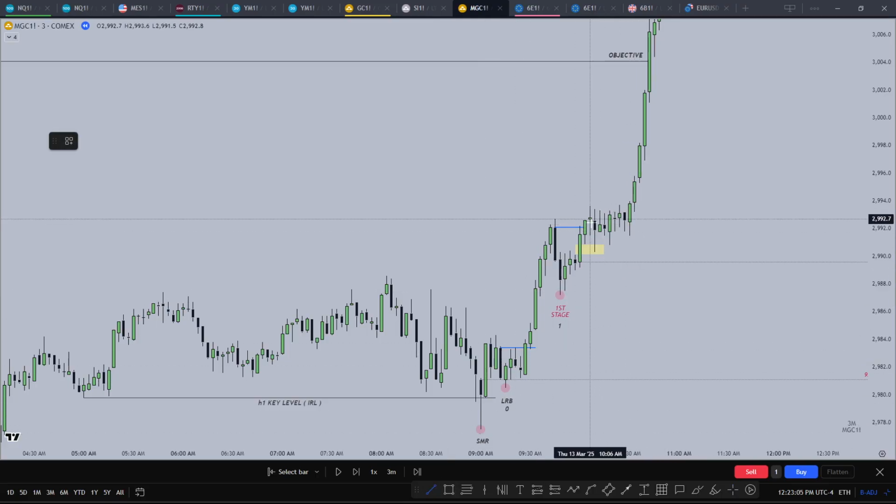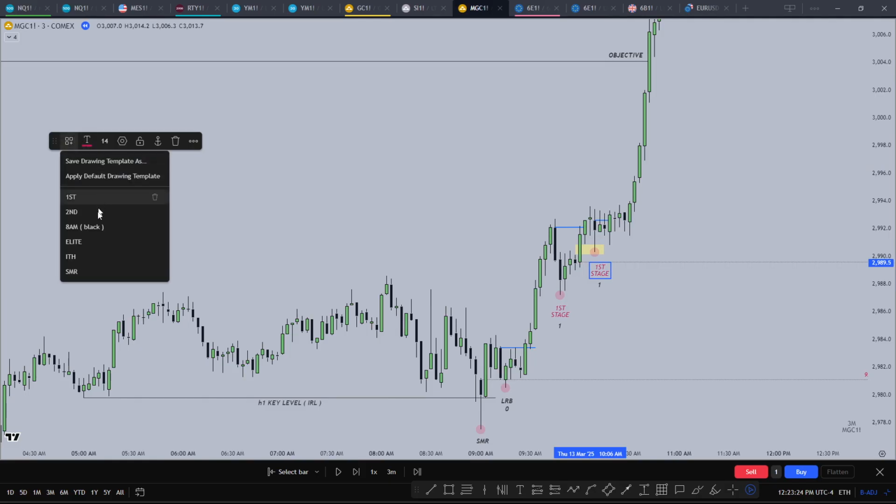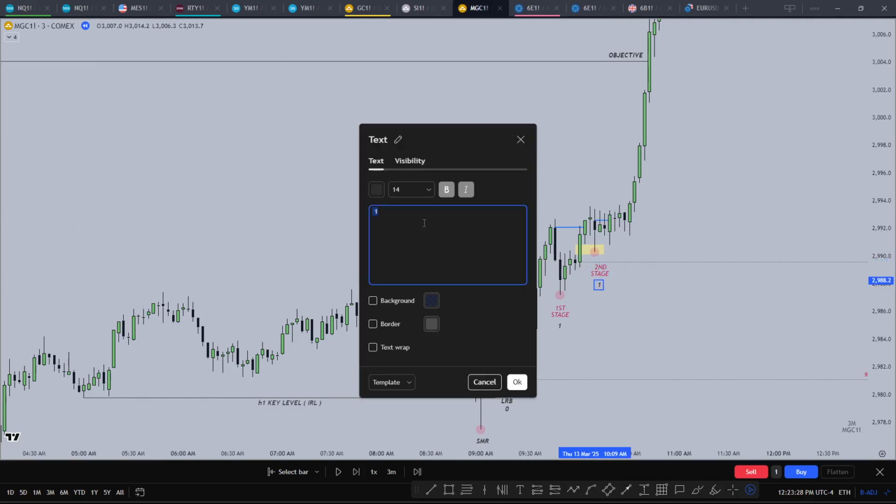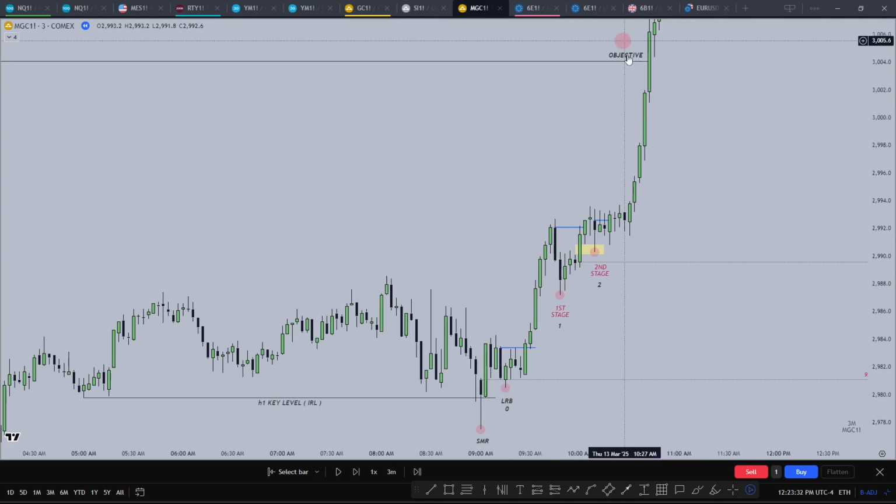Relevant opposing candles will support price higher. So SMR 0 1 2. Right. This one was the better or simple example, I will say. To the objective.